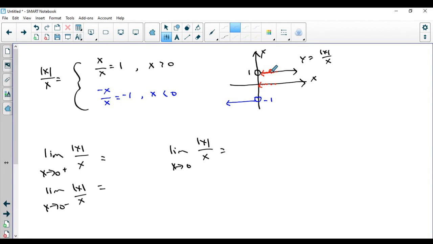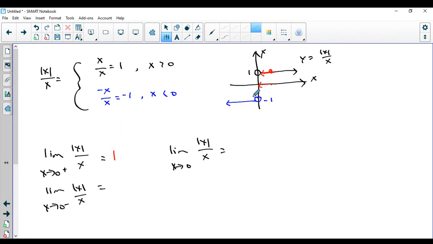Well, he's getting close to the y value of 1. In fact, he's just staying at 1. No matter what x value I pick, the closer and closer I get to 0, these y values are always basically 1. It has nothing to do with what's going on here. Remember, a limit is a y value that the limit buggy gets close to, approaches, has nothing to do with the functional value there. All right, so this limit would be 1.